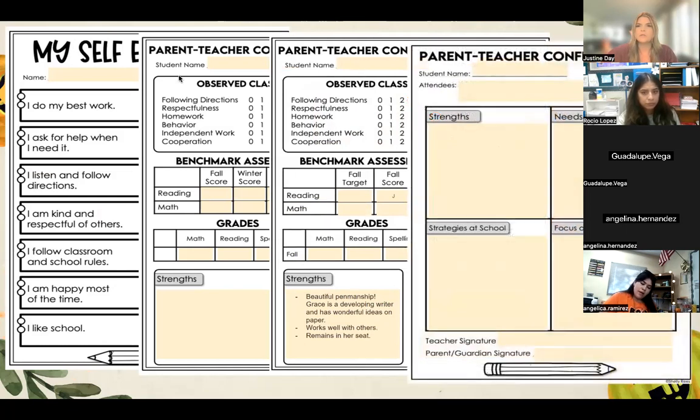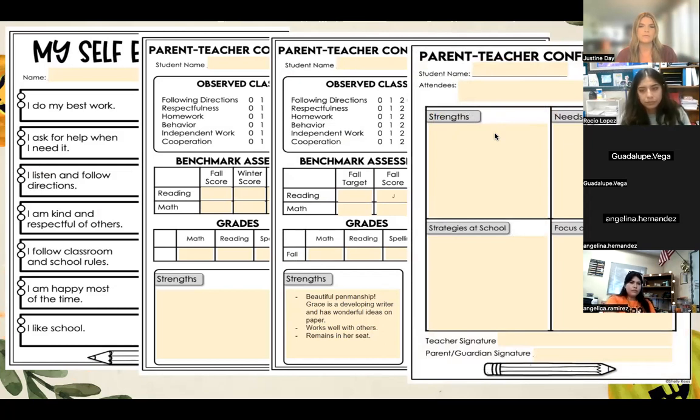And then this is also just some notes, while you're at the conference, if you and the parent want to take notes as you're going. Asking the parents about some strengths that they see from their child at home is always something good to ask as well, because you sometimes get a different version of the kid at home. So you might see some different strengths there, or some different needs.